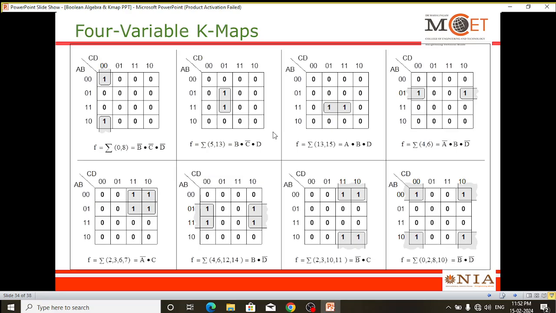Here in the K-map, no Boolean theorem concepts can be used. That is the major difference.